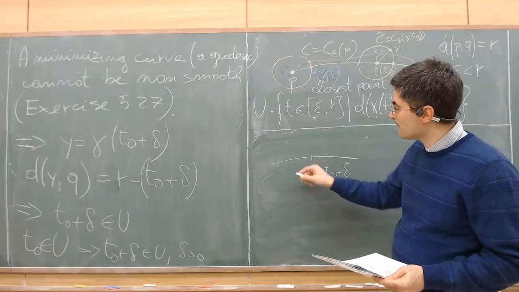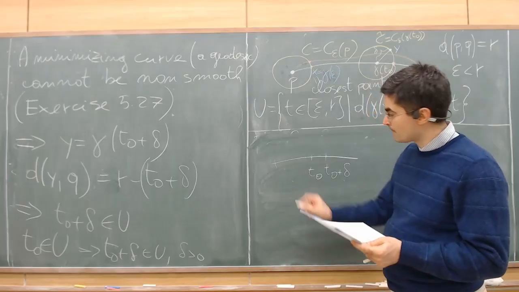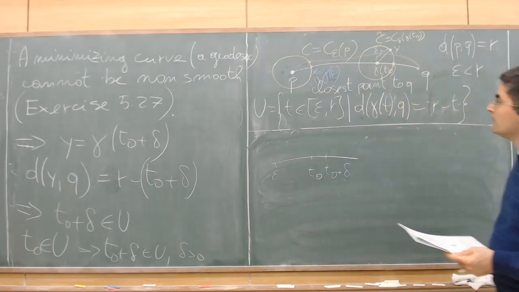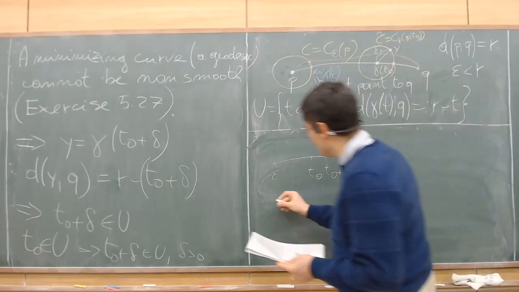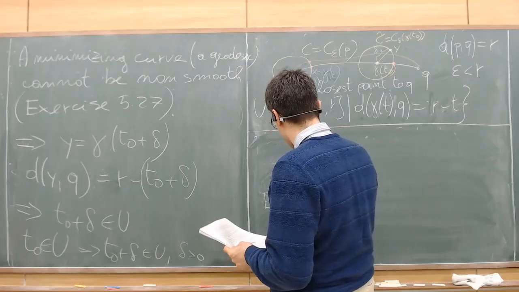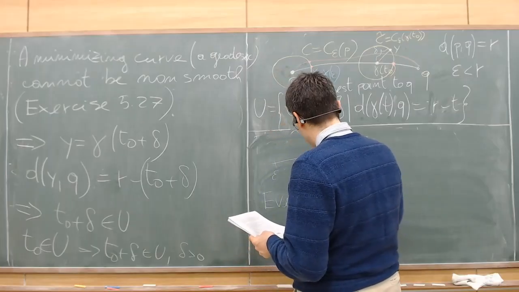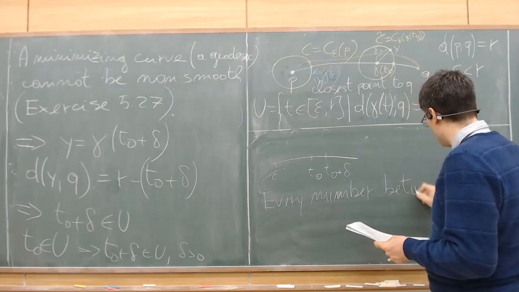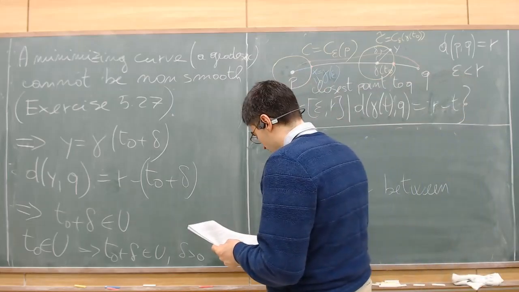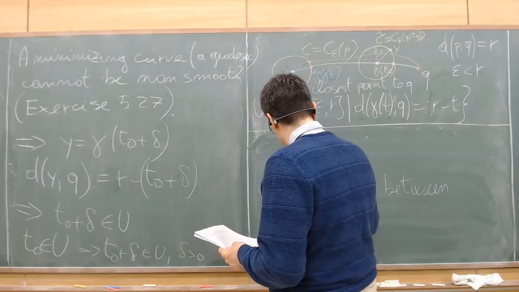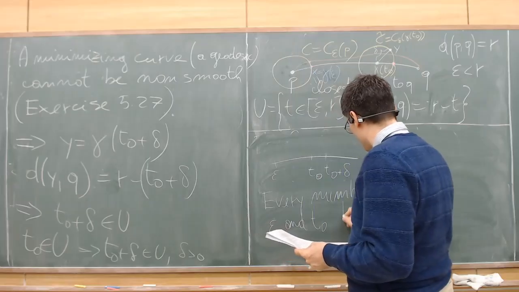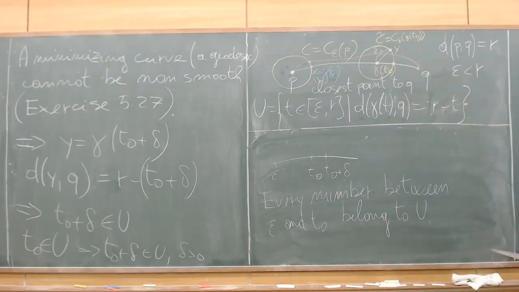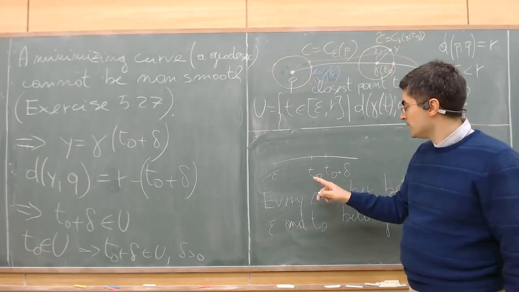What about the numbers between epsilon and T0? Every number between epsilon and T0 belongs to U. Why?